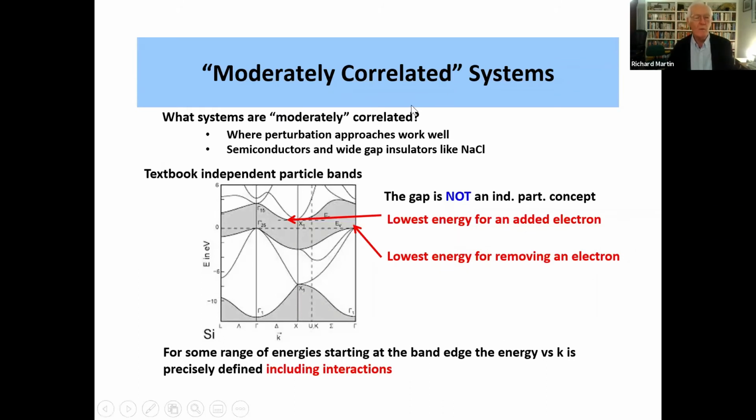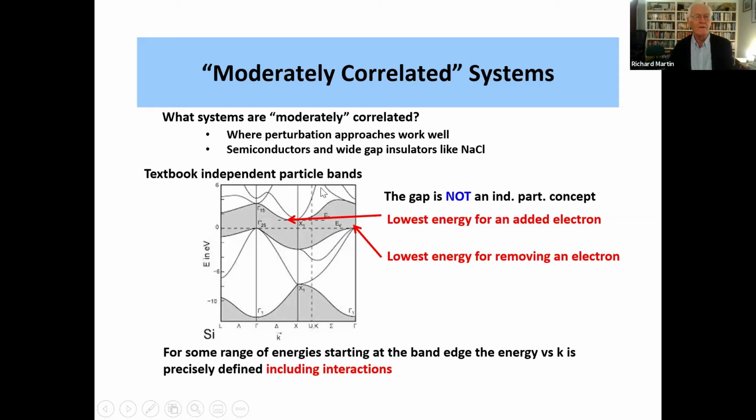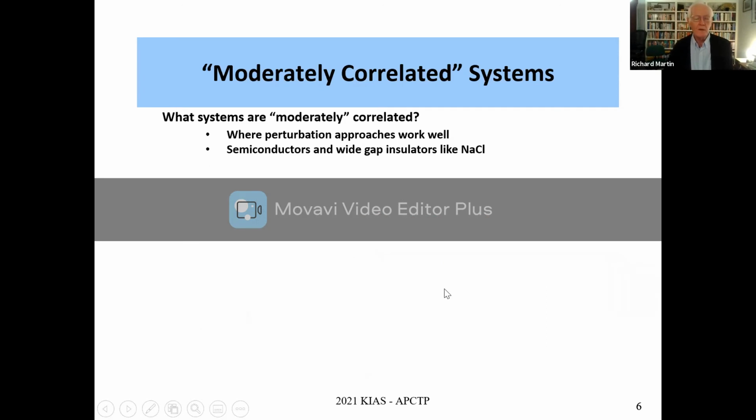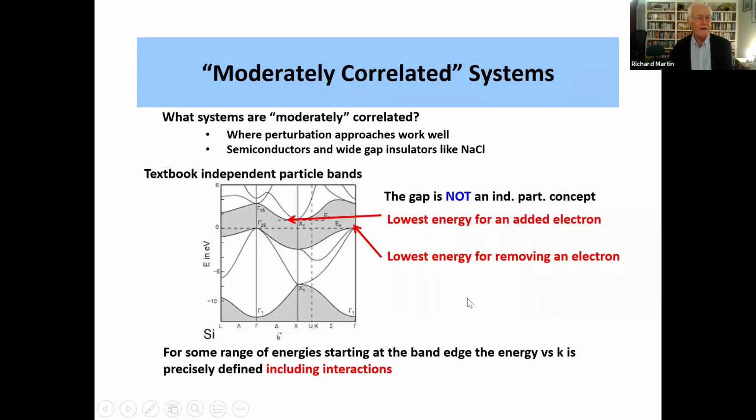If you go far away from the band gap, you're considering states that might decay to other kinds of states, so they aren't so well defined. But some things we can say are really well defined, and the only question is how accurate our calculations are. You might think this was rather trivial for silicon, but in fact the questions become not so trivial when you get to complicated systems.